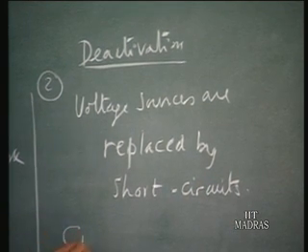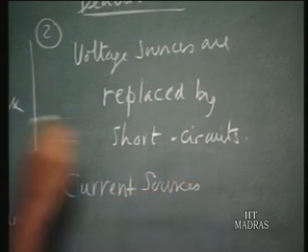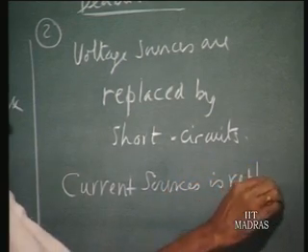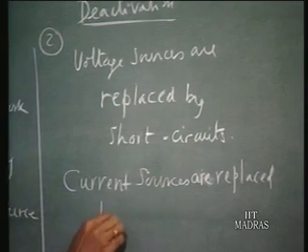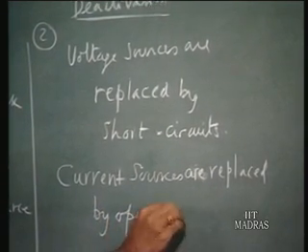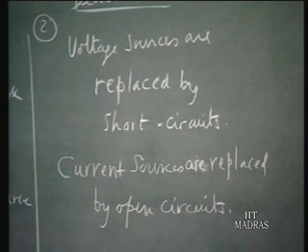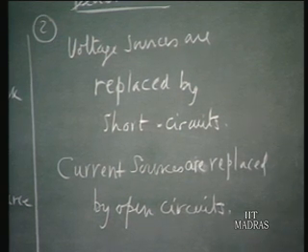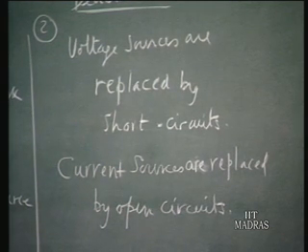Current sources, if there are any, when you are considering the effect of other sources, a particular current source is replaced by an open circuit. Current sources are replaced by open circuits. In other words, you are reducing the strength of that source, whether it's a voltage source or current source, to 0. So when you are reducing the strength of a voltage source to 0, it means you are replacing it by a short circuit. If you are reducing the strength of a current source to 0, it means it is replaced by an open circuit.